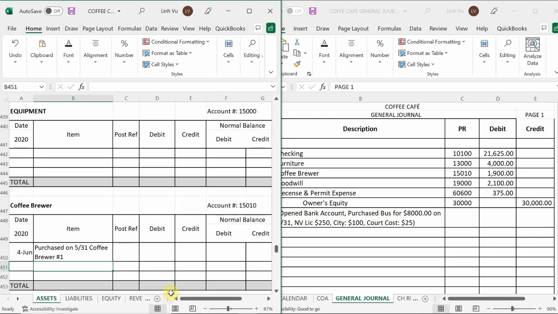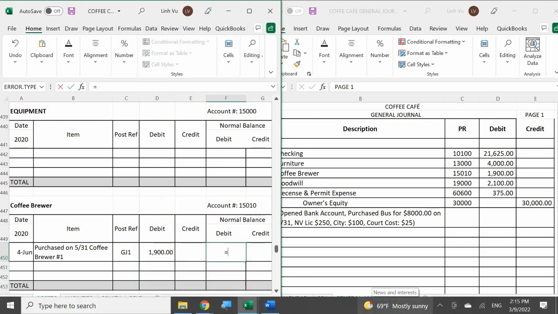Yes, we will be making more purchases of different coffee brewers. So I'm going to call this coffee brewer number 1. Right? And in this case, post reference, once again, is still general journal number 1. And this time I increased my asset by $1,900 because I bought the coffee brewer for $1,900. Okay. So then that will also increase my coffee brewer account by $1,900.